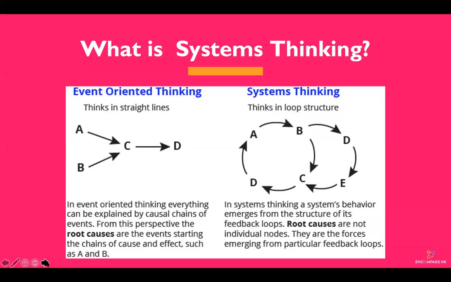So this is a simple diagram. On the left, there is event-oriented thinking, or you can say linear thinking. An example is I drive a car and the car is not moving. The simple causation is I ran out of gas, so I need to get more gas. So this is a very linear problem. In system thinking, things are more complex.